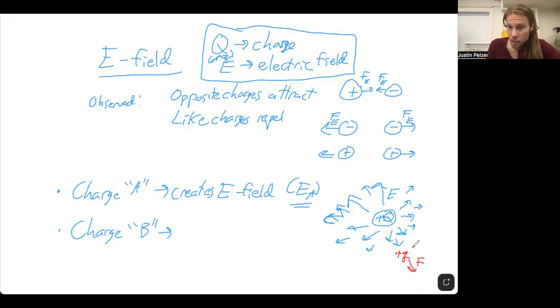The reason it experiences a force outward is because the field points outward. So the charge feels a force, which we call Fe. So this is E sub A. The charge A creates a force due to the field.